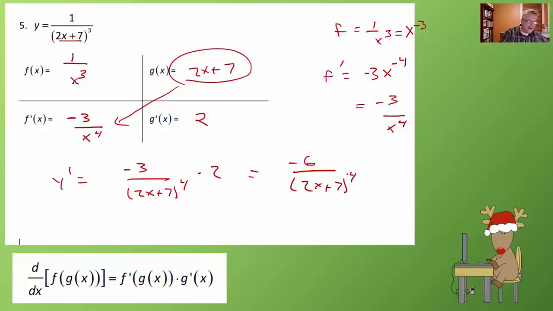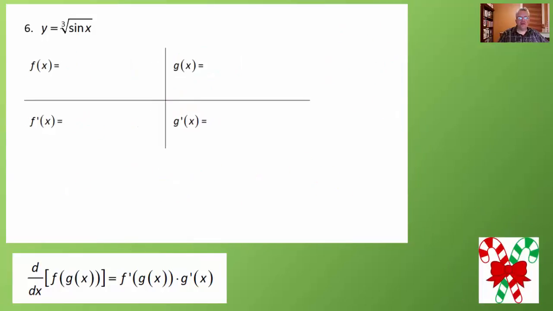Now we have just one example left, and this is the cube root function. Okay, we can do this. It's going to look like the square root function. So the inside function is sine of x, and the outer function is the cube root of x. F prime, well, here we go.